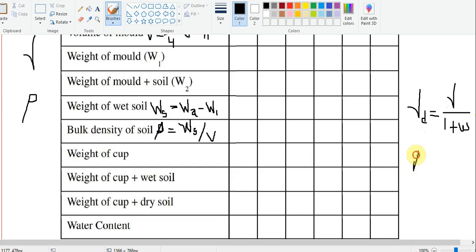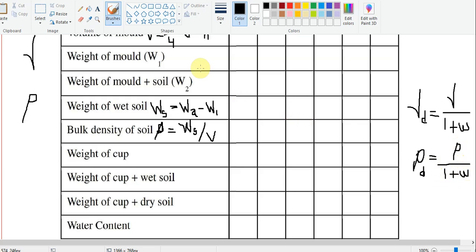So density is denoted as rho. Dry density is rho d. And dry density is given by bulk density divided by 1 plus W.